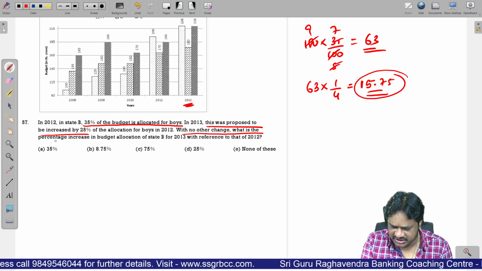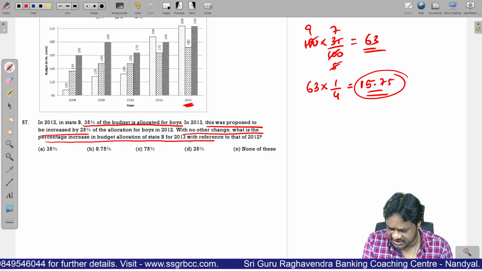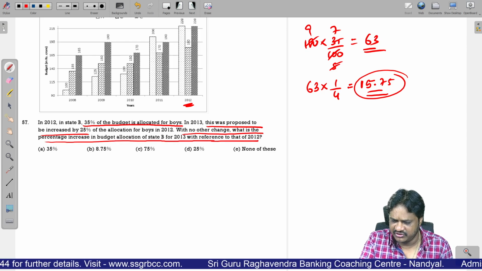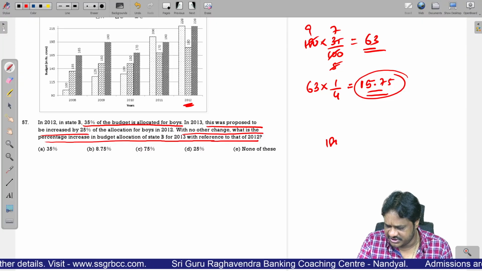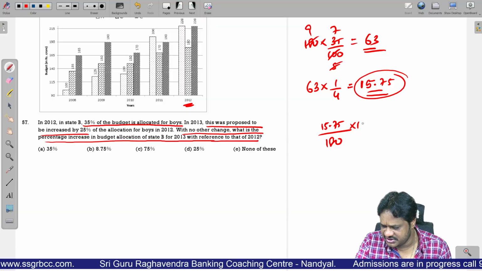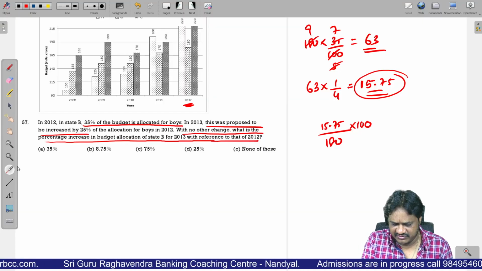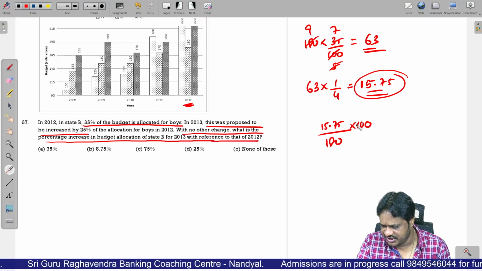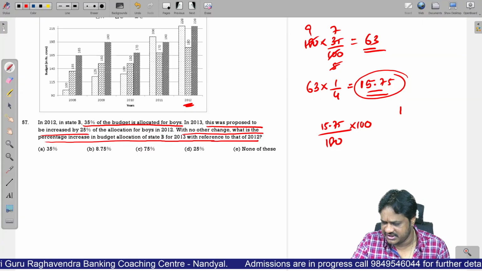With no other change, what is the percentage increase for B in 13 when compared to 12? In 12, B budget is 180. Now the increase is 15.75. This is what percent? Here we have the decimal after two places, and into 100 means the points will be cancelled.